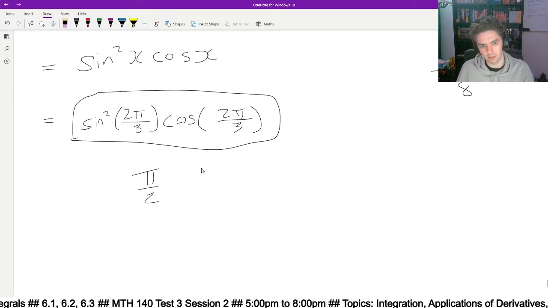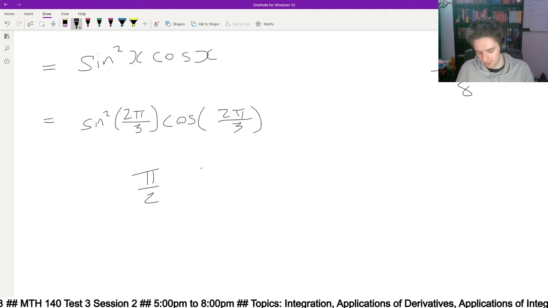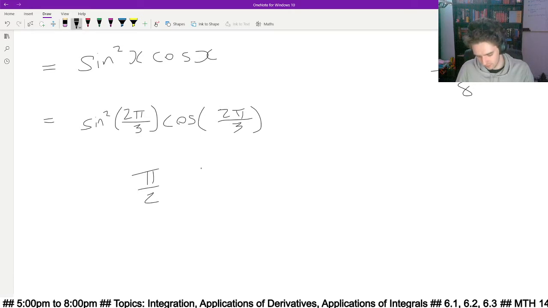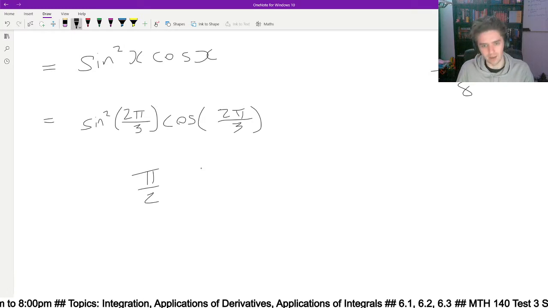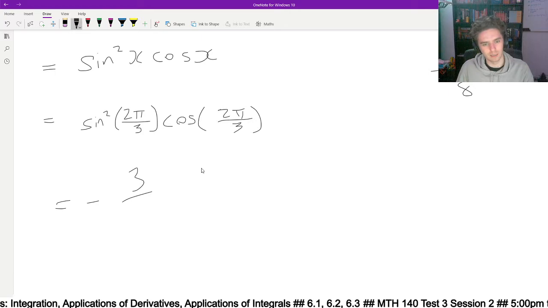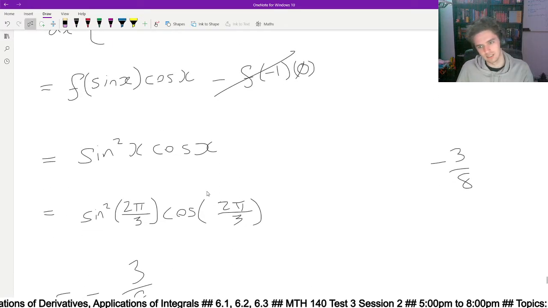Oh, I didn't do cos of the second one. I just multiplied by the second one. And now I got -3 over 8. Okay, there we go. Just my ability to type things into a calculator is what's causing us trouble. So there you go, that's the answer.